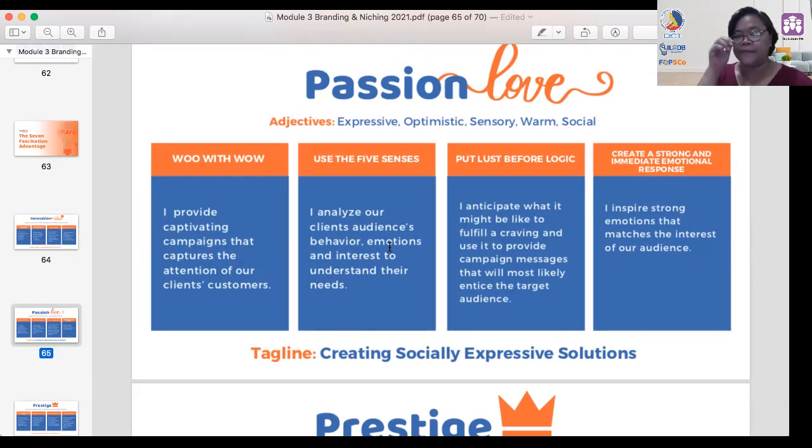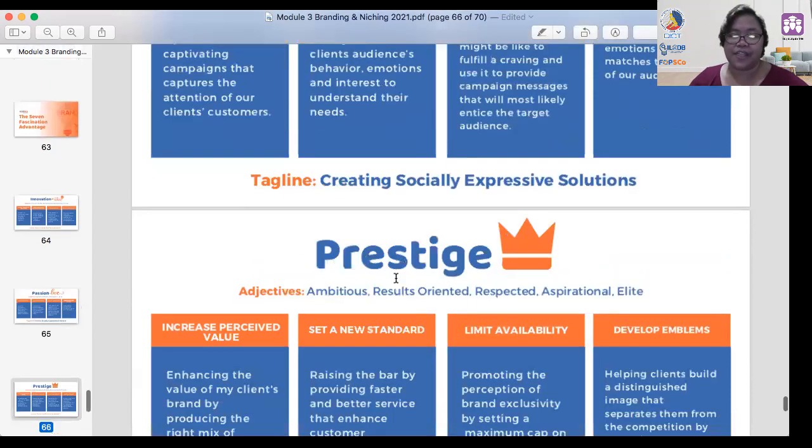Okay, sensory. Put lust before logic. I anticipate what it might be like to fulfill a craving and use it to provide campaign messages that will most likely entice the target audience. So, and then create a strong and immediate emotional response. I inspire strong emotions that match the interest of our audience.